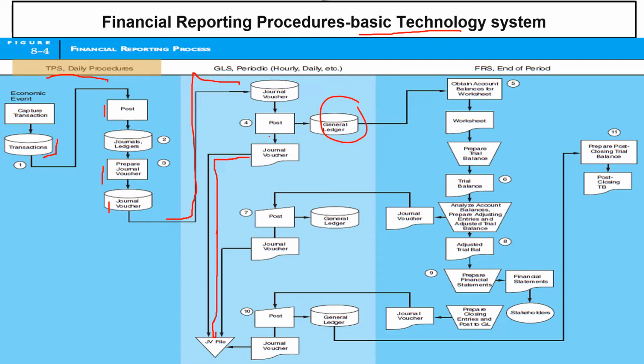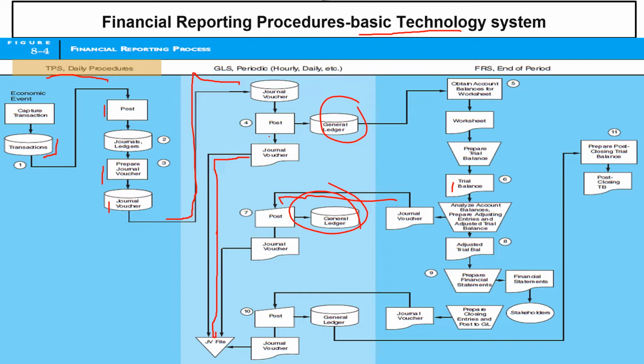We will talk about it in a short while, I think. And then we print out the trial balance. Here we analyze the account balances and prepare the adjusting entries and adjusting trial balance. This will also go again to update, first to print out the journal vouchers of the adjusting entries, and then update the general ledger again.